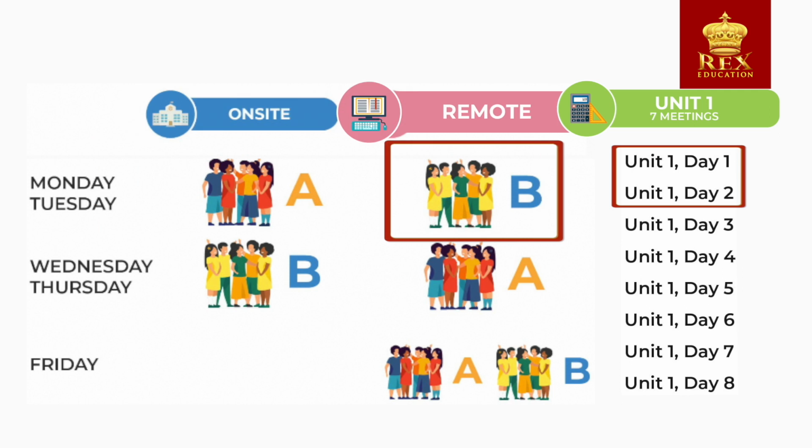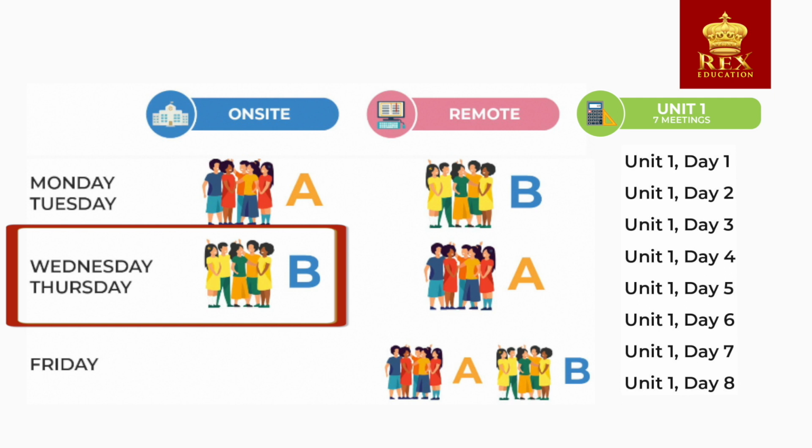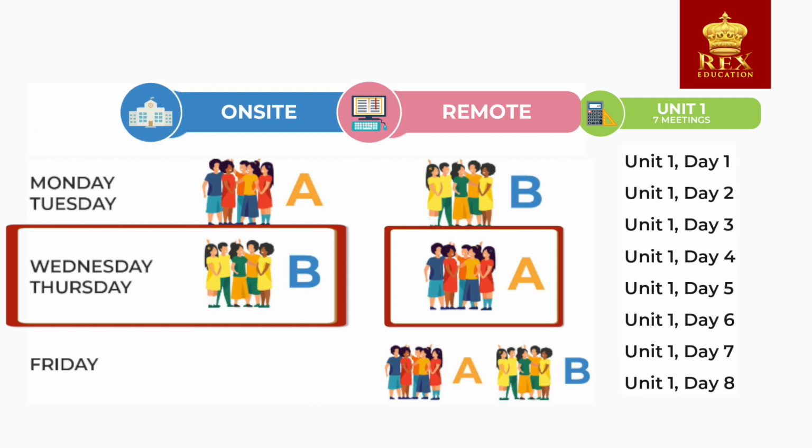They are learning it by themselves, all right? They have a learning packet probably, and they're working on day 1 and 2 of the unit by themselves, offline or remote. On Wednesday to Thursday, batch B is now on-site and batch A is remote.